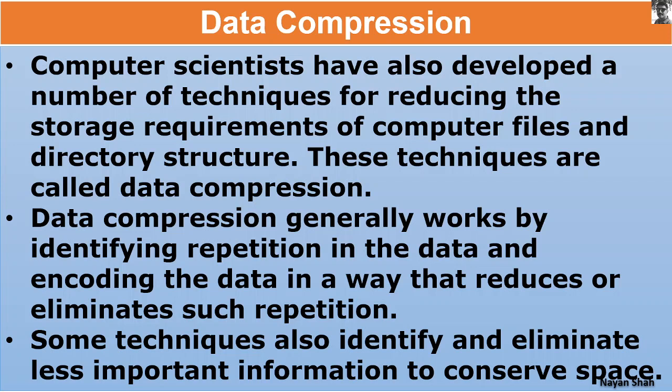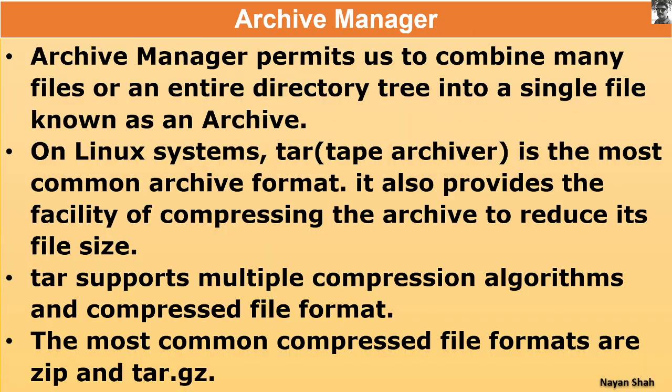Data compression generally works by identifying repetition in the data. Compression is only possible if there is some repetition in the data, and then encoding the data in a way that reduces or eliminates such repetitions. Some techniques also identify and eliminate less important information, which can be removed permanently from the data to conserve space.